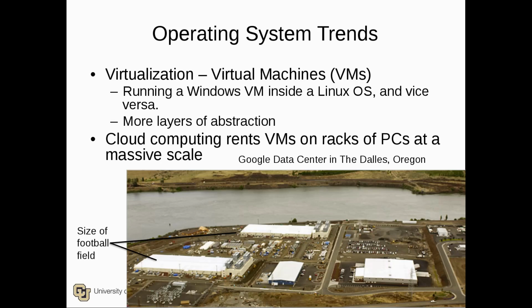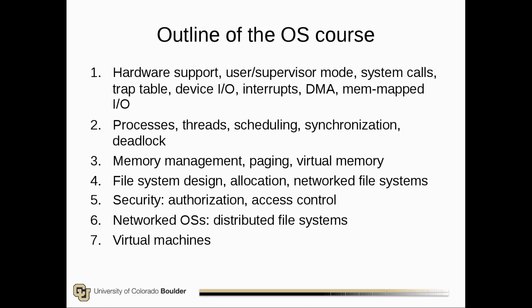So that's an interesting area for operating systems. Cloud-based computing rents VMs on racks, and this is where we're getting a lot of scaling, AWS and things like that. So this is a huge area where we have load balancers, and we're having to grow and shrink systems quickly. So this is definitely a huge area for operating systems to grow.